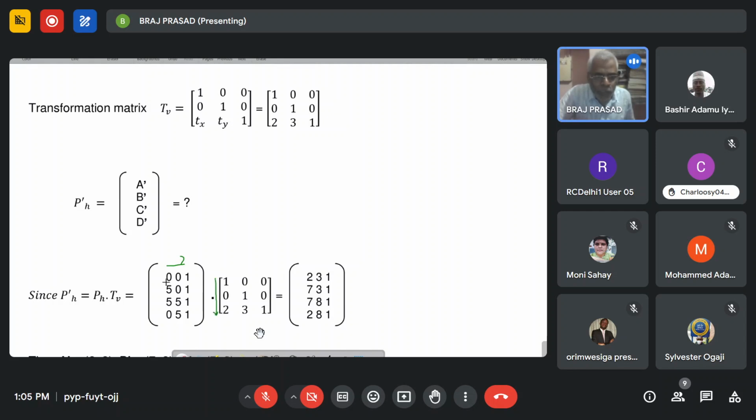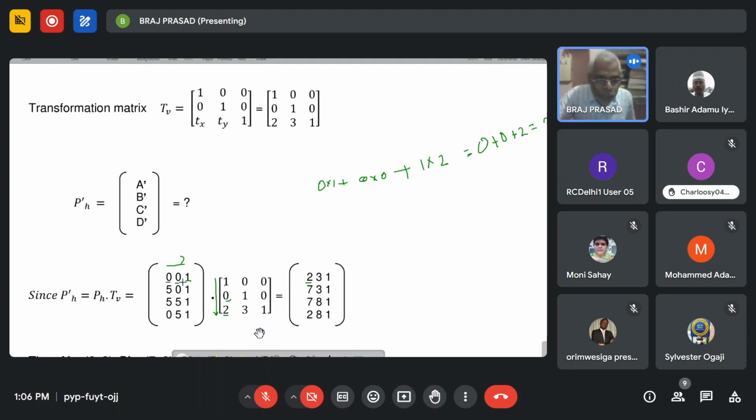So if we multiply this 0 with 1, 0 into 1, plus this 0 into this 0, 0 into 0, plus 1 into 2. So if we simplify this, that is 0 plus 0 plus 2, it becomes 2.